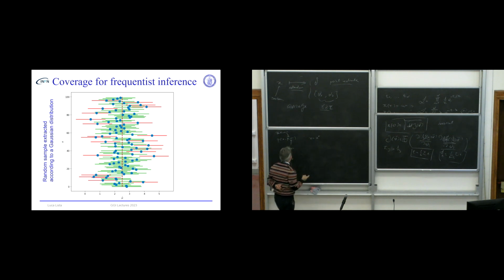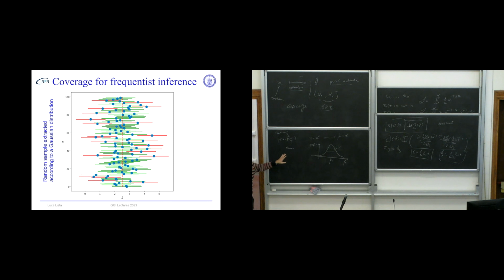Then a way to determine an estimator which has nice properties is to assign mu hat just equal x star. In this case, what is the distribution of mu hat? Well, since mu hat is equal to the extracted x, this follows a Gaussian distribution centered around the true value with a width equal to sigma, okay?